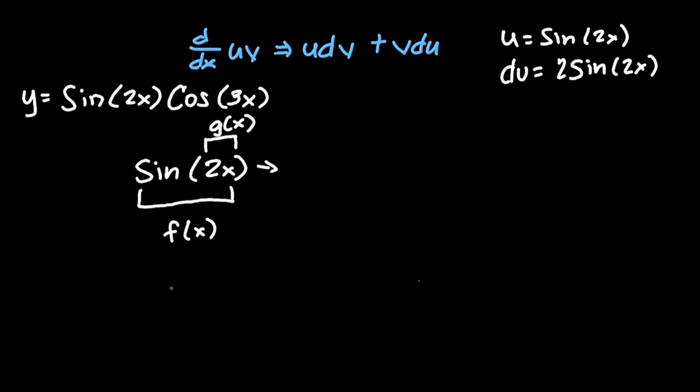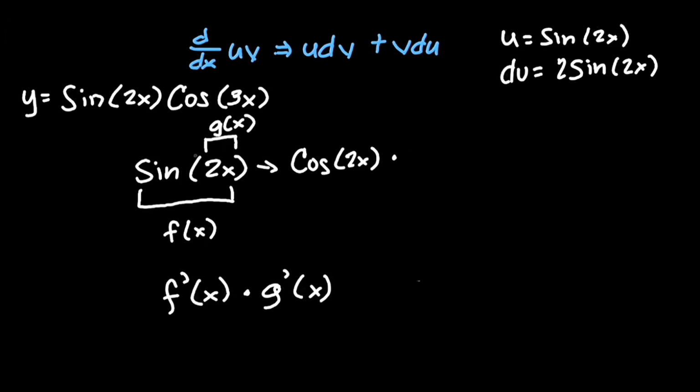The formula for this would be take the derivative of the outer function multiplied by the derivative of the inner function. So the derivative of sine would be cosine of 2x multiplied by the derivative of the inner function, which is 2x. The derivative of 2x would be 2.